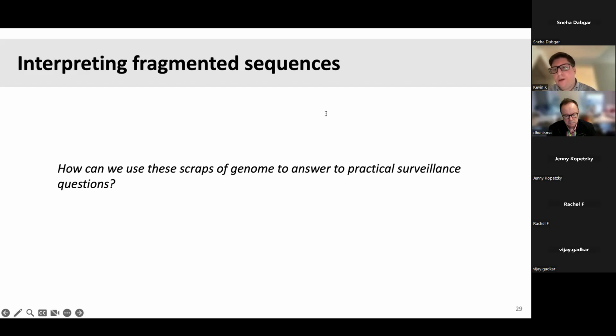And crucially, we want to know if the virus belongs to any high-risk lineage like clade 2344 Goose Guangdong H5. So really the question becomes, can we actually use these tiny scraps of genome that we're fishing out of the mud to answer any of these practical questions? And fortunately, the answer is yes. So I'm going to show you 3 approaches we've come up with for interpreting these sequence fragments that we recover.